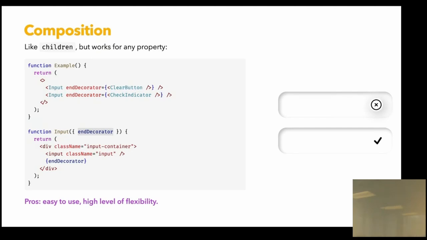The good thing is that it's really easy to use and gives a lot of flexibility. The con is that there is no interaction between the parent component and the child. The only thing the input can control is whether I render or I don't render. It cannot give extra things.